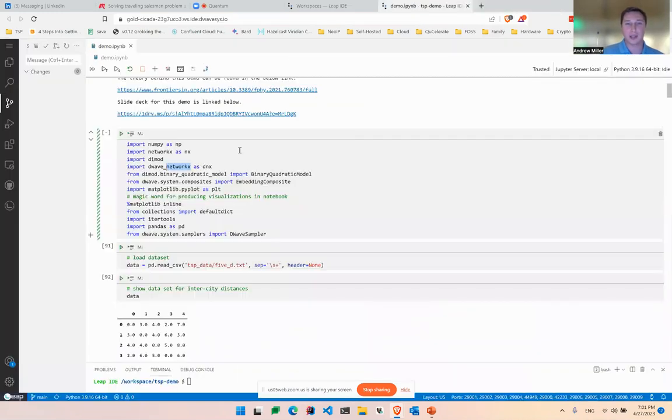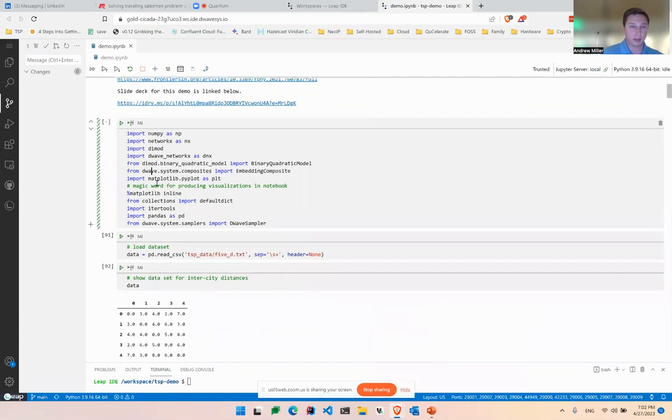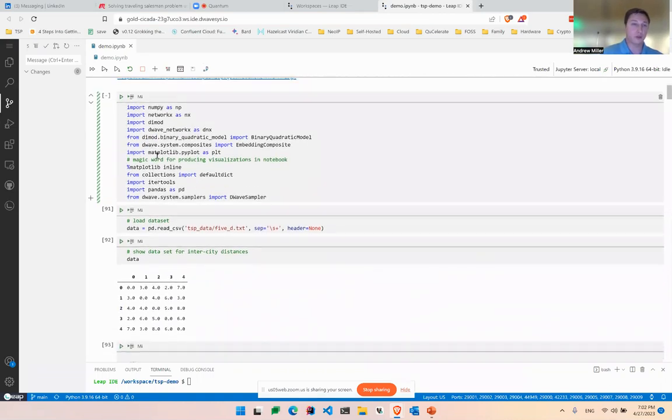And I guess D-Wave has their own version of it. I don't know why they would need to do it, but my guess is for the hybrid systems, maybe. There's also dimod. I'm not quite sure what this package is, but as far as I understand, that's also D-Wave. And matplotlib is used here to just show the problem visually.